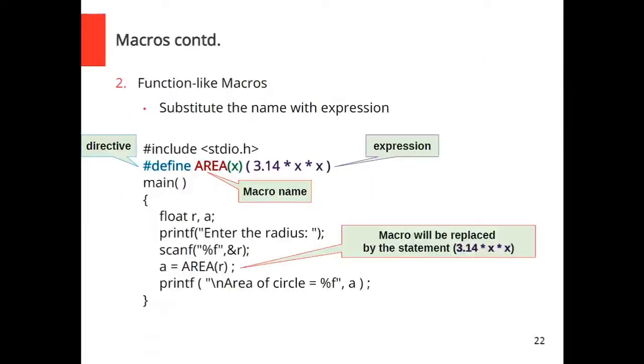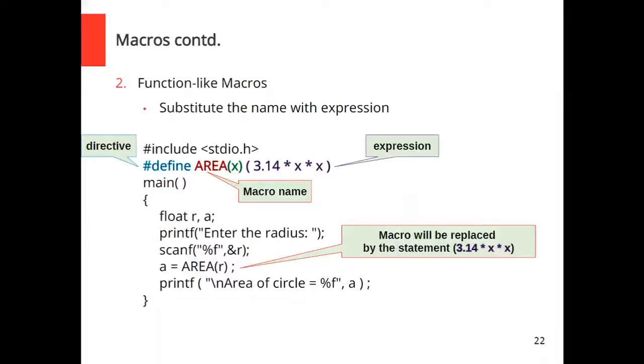Next one is function-like macros. In function-like macros, the macro name gets substituted with an expression and it accepts parameters also. In this example, we have defined a macro area with parameter x, and the expression is 3.14 into x into x. Inside the program we are finding the area, and we have a variable r which is of data type float, and it accepts the radius given by the user.